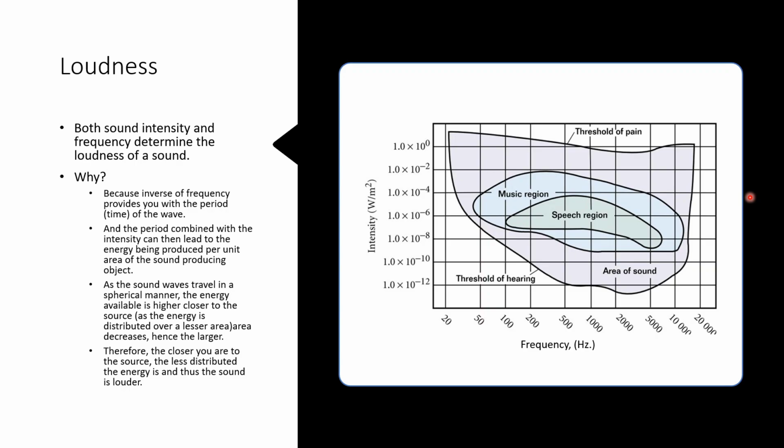And that means this audible response that you see, this little dip here, the area where you can start hearing things, is much lower in comparison to a sound wave which has a very low frequency and a low intensity, right?